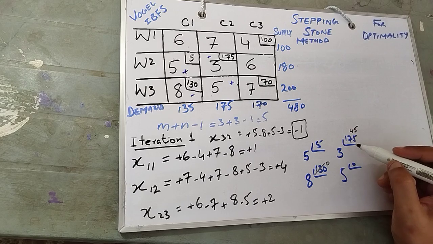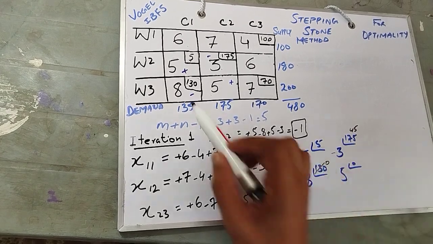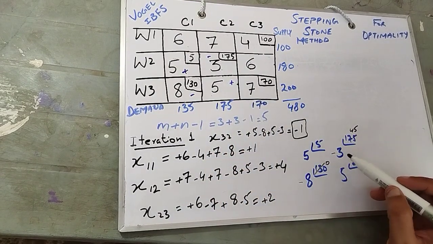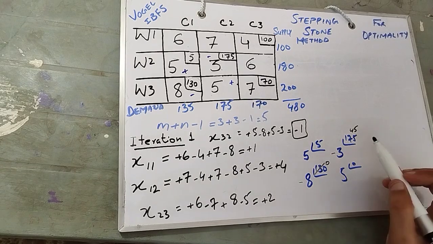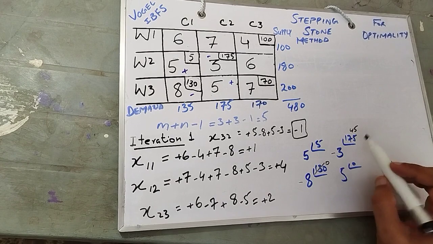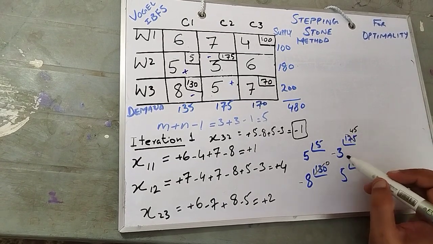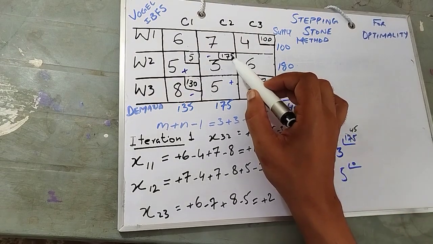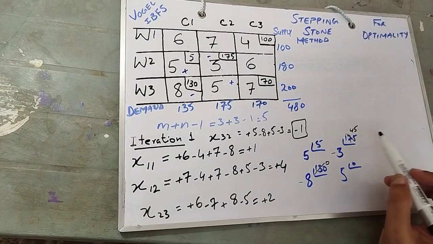The remaining would be 45 when we reduce it, because both were minus. So we have to reduce both with the least one, that is 130. So this allocation has become 45, and this allocation is 0 now.